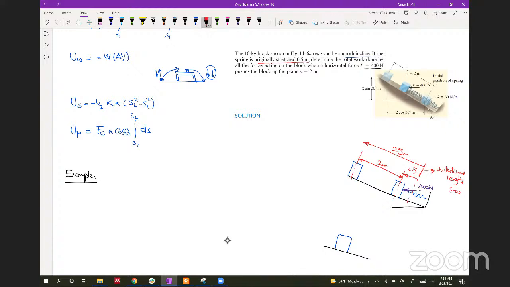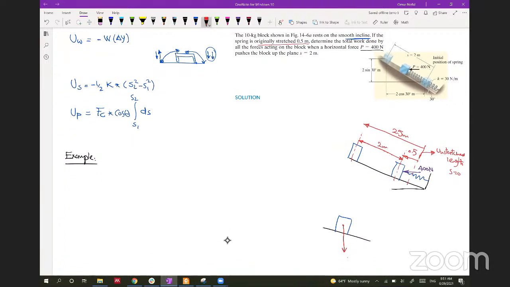So here we have our body, and we have the weight going down, and we have a spring force. Let's put the 400 Newton force.